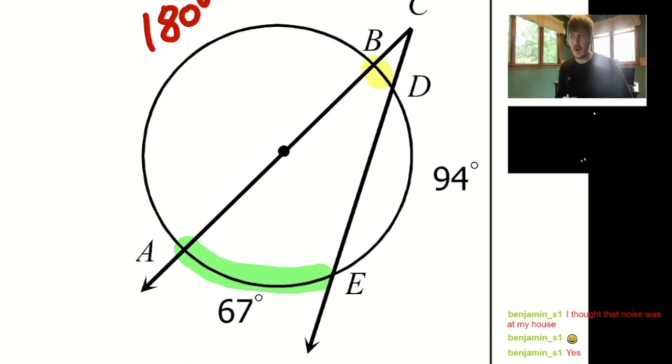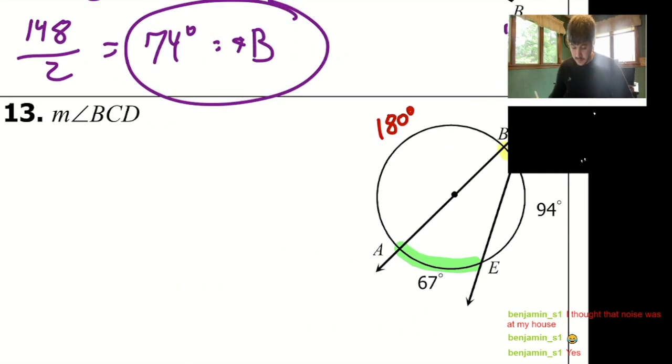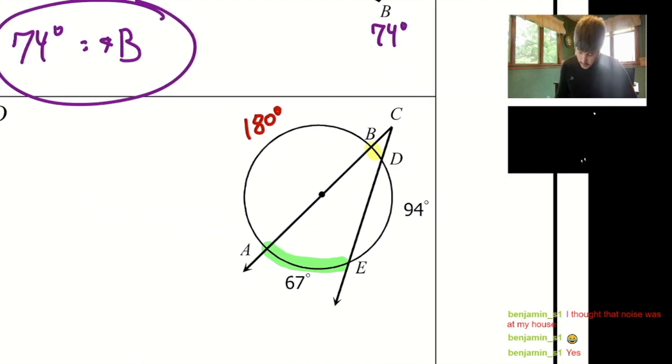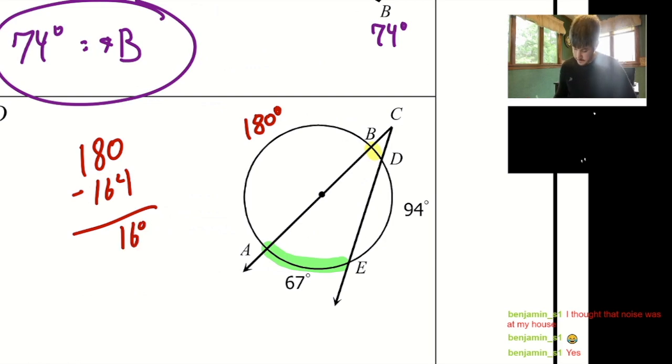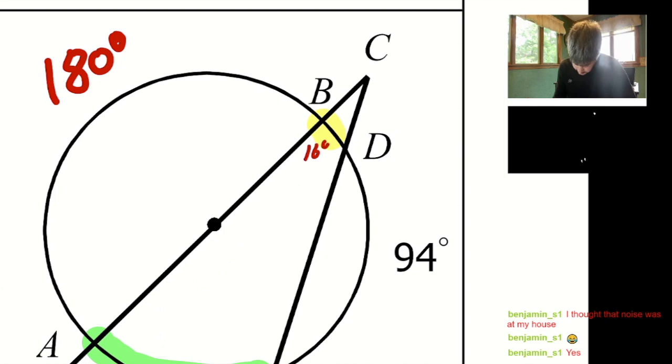If the other 2 arcs are 67 and 94, I add them together, you get 161. That's from here to here. That's 164. So if I take 180, subtract 164, that tiny little arc in there must be 16 degrees.